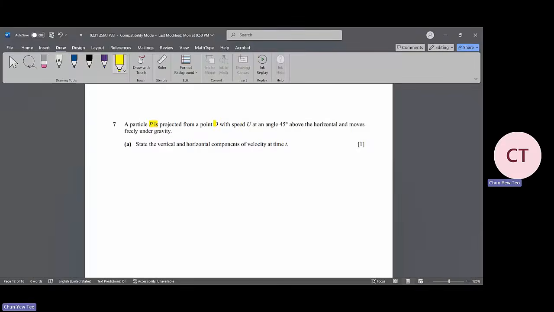Projected from a point O with a speed u and an angle 45 degrees above the horizontal, move freely under gravity. State the vertical and the horizontal component of the velocity at time t. For the vertical component, you have uy equals u sin 45 degrees minus gt.